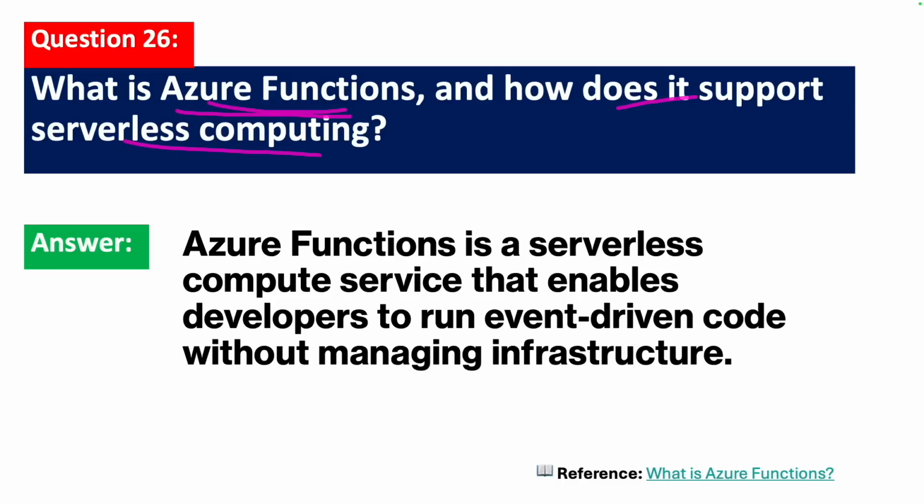Azure Functions is a serverless compute service provided by Microsoft Azure, which allows developers to run event-driven code without the need to explicitly manage or provision infrastructure. This means that developers can focus on building and deploying their application without worrying about the underlying server management.